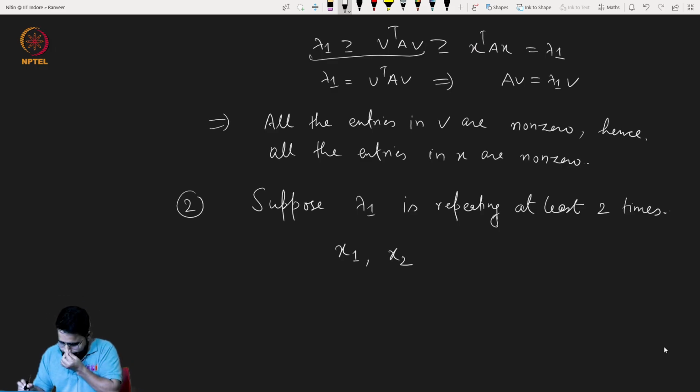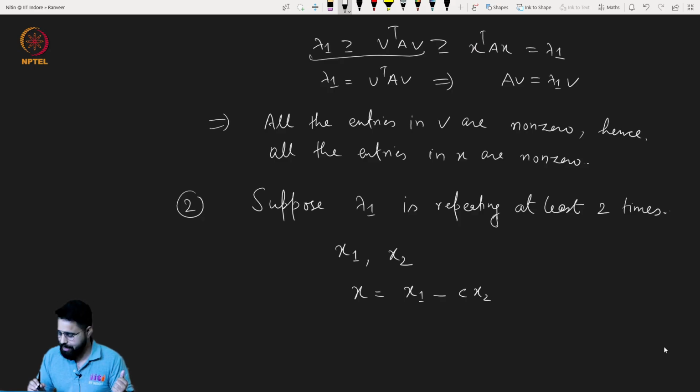Now due to our first result, x1 has all entries non-zero, and x2 also will have all entries non-zero. So I can multiply x2 with a constant such that at least one entry of this vector x is 0.